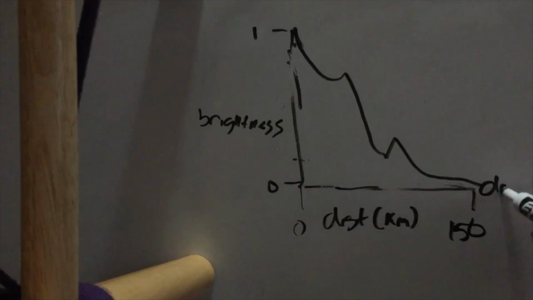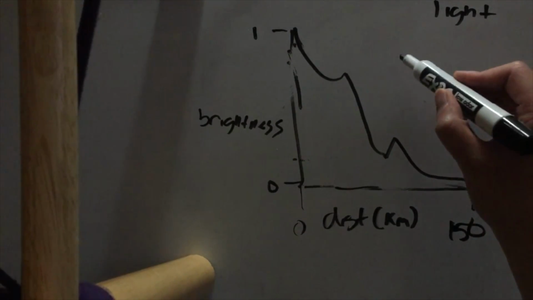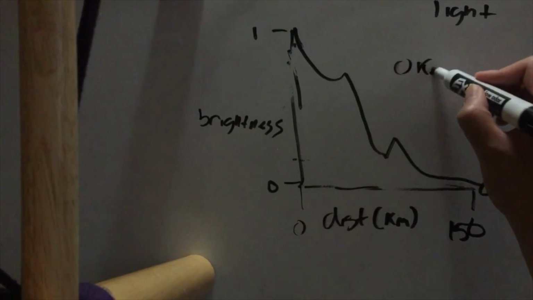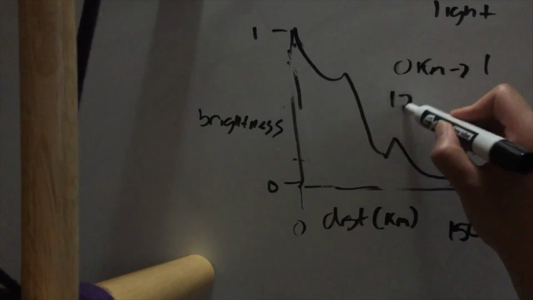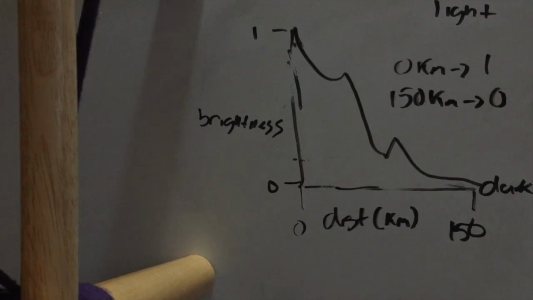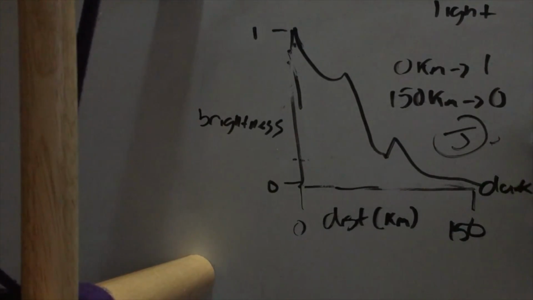So we can clearly see that the value for the brightness at the inland distance of 0 kilometers is around 1, and at 150 kilometers, it assumes a value of 0. So we know that the fur pigmentation, as we move more inland, becomes darker. And this is because the value for the brightness is lower. So this corresponds to answer choice J.